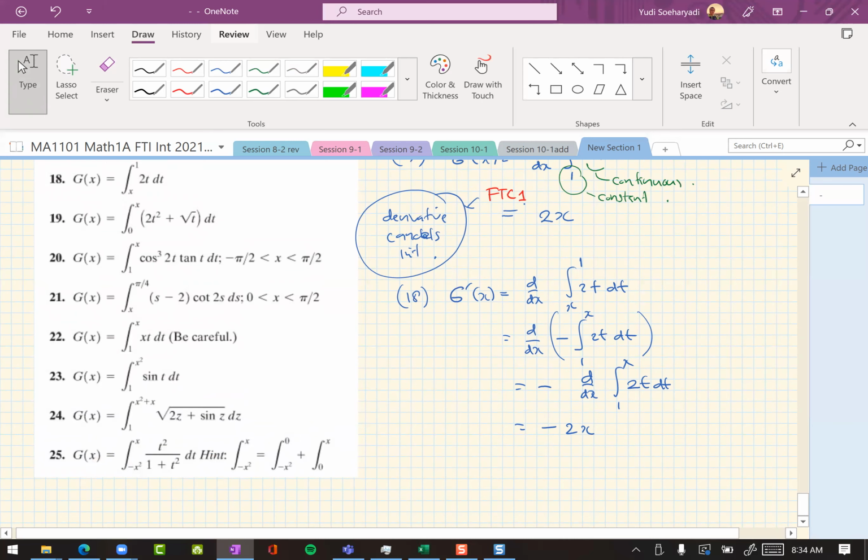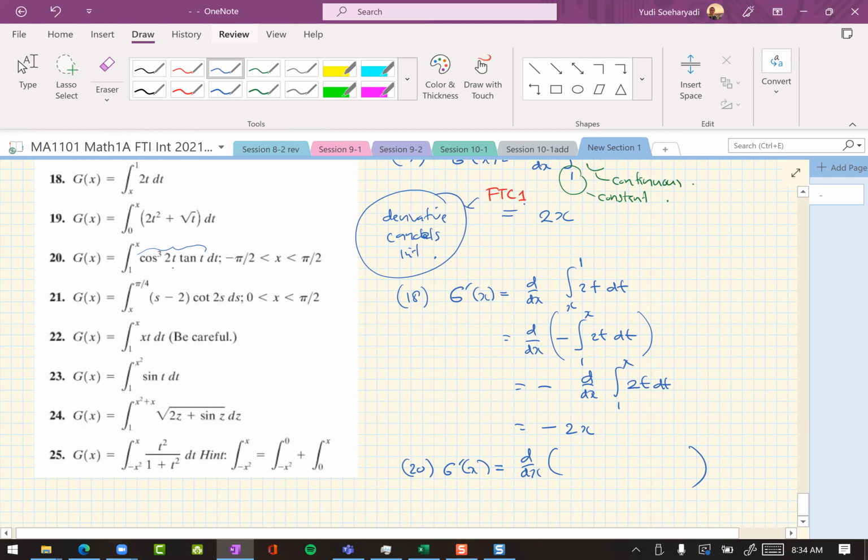Let's do 20. G prime is d/dx of that. I won't rewrite the problems, but you notice that this one is continuous because on this domain, between negative pi over 2 and pi over 2, cosine is continuous.